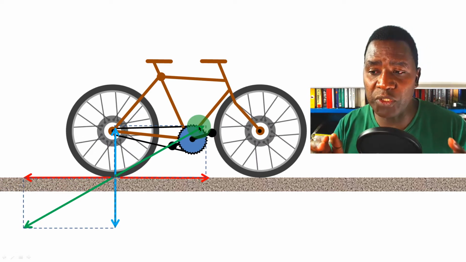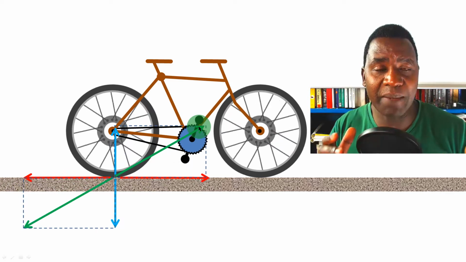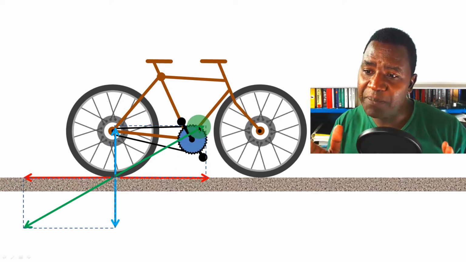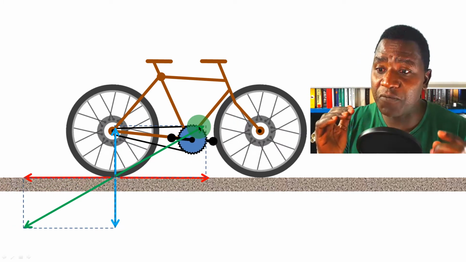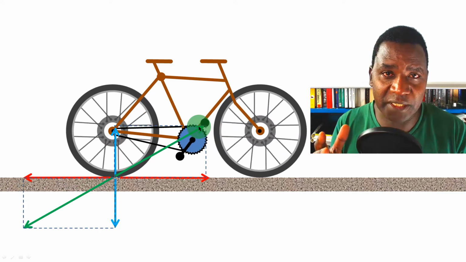I've used this simple situation here because it is familiar to everyone. At least if you've used a bicycle before, this type of situation is familiar to you. I'm just explaining the types of forces which exist and how they are split.